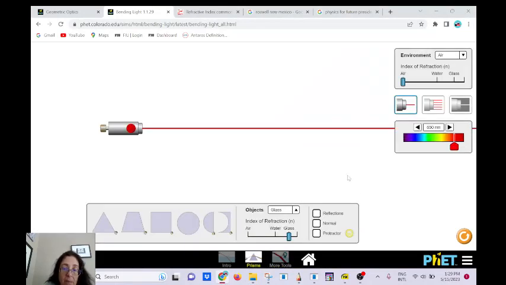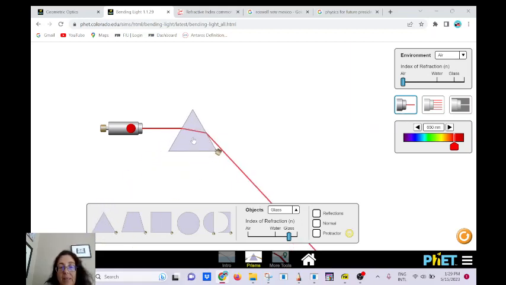You can do the rainbow also with this. So this is red. With red, of course, you cannot have a rainbow because it's red light. You can have blue light, and you see that for this material, red will be refracted, but if I take blue, you see there will be more refraction.